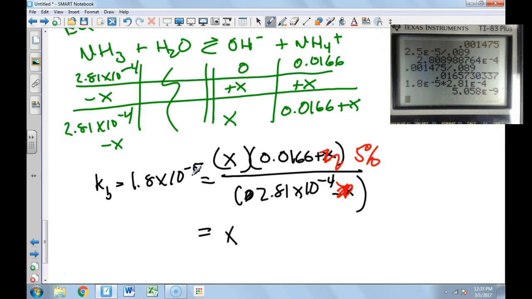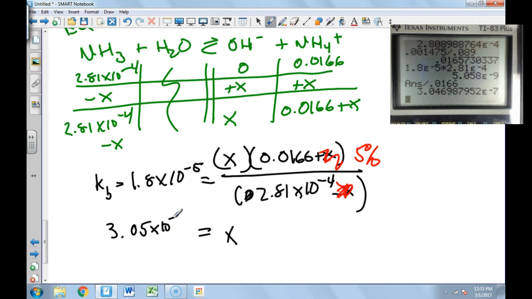And then we take that and divide it by 0.0166. Okay, so now we get x is 3.05 times 10 to the minus 7 molar, which equals the hydroxide ion concentration.